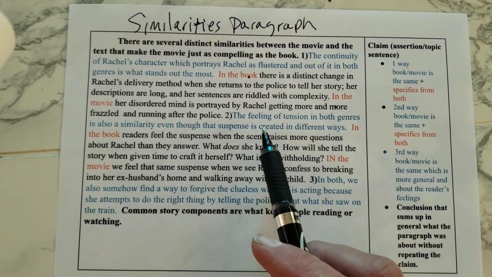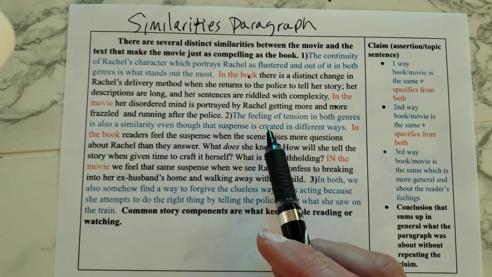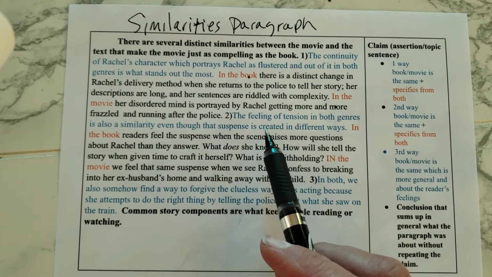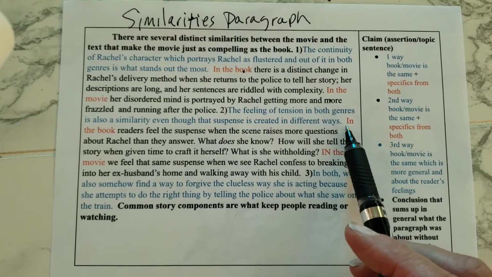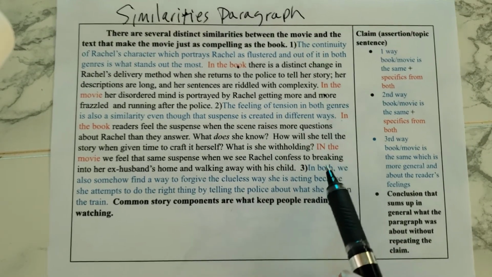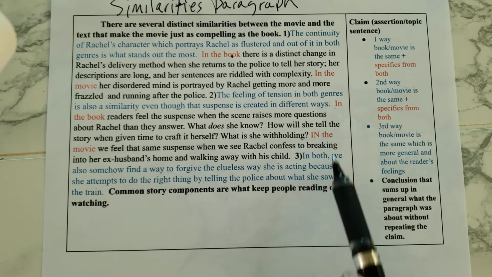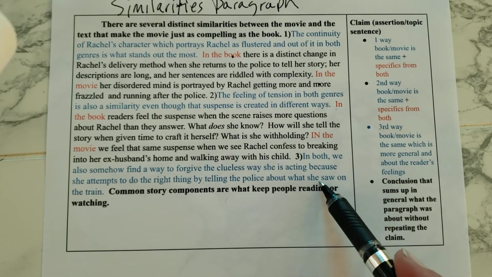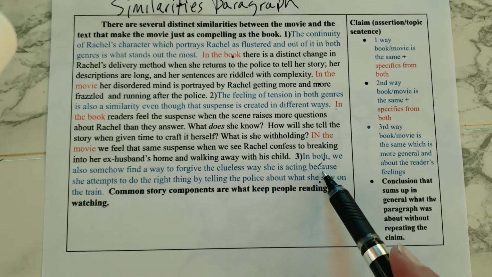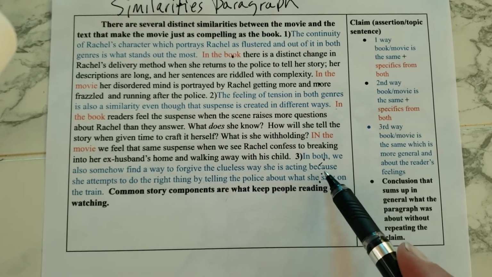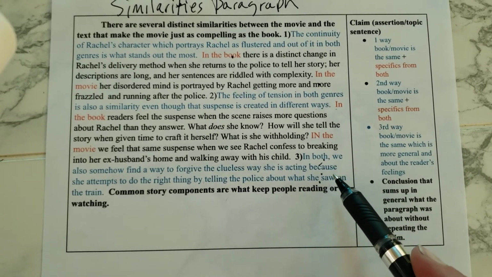Oh, look, the feeling of tension we get, it's the same. Then I have in the book, where do we feel the tension? And then in the movie, where did we feel the tension? Then I have just a third way. In both, somehow we're able to forgive this character because she ultimately goes to tell the police.